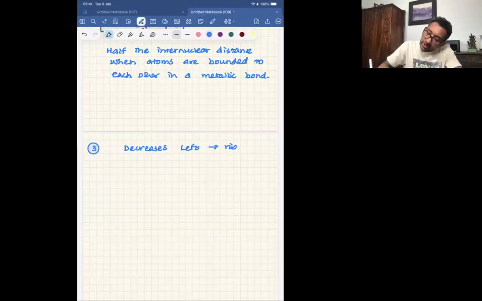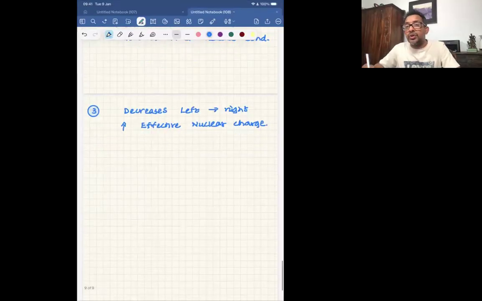Why? Because of the increase in the effective nuclear charge. Make sure to read the note. The note is very elaborate.